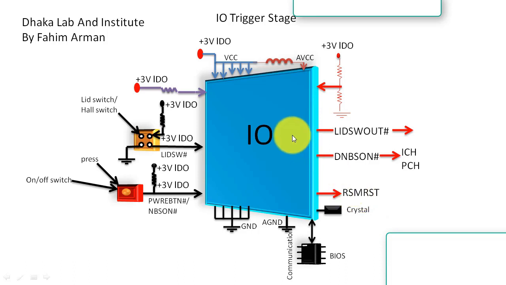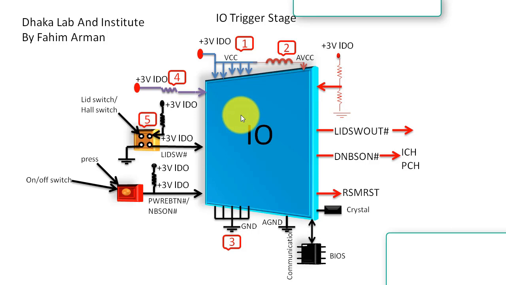Okay, so now we can see the first stage is 3 volt LDO VCC, and then second will be ABCC, and there will be their grounds GND and AGND, and fourth will be 3 volt LDO by pull up resistor, and then the work of Hall switch and pull up by 3 volt LDO, and then the next will be 3 volt LDO with voltage divider, that is also called the thermal protection section.